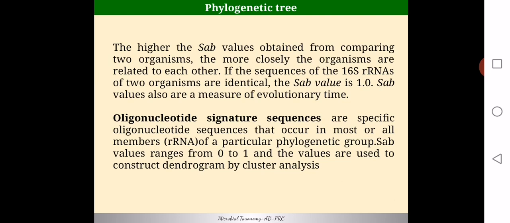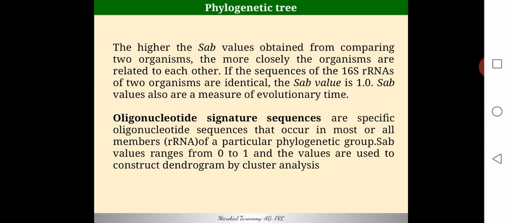So, as already said, these oligonucleotide signature sequences are the specific nucleotide sequences that occur in most or all members of a particular phylogenetic group. Right. And when you talk about the SAB value, this is a value that gives you an idea of how much two organisms are related.